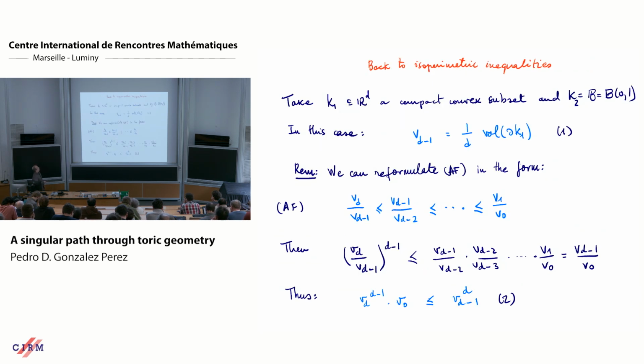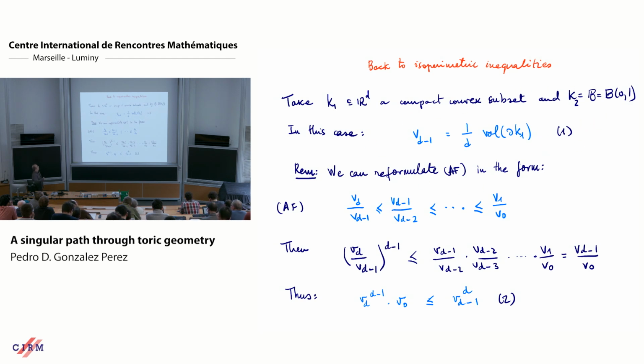And then what we can do is relate this to the isoperimetric inequalities. So we take K1 a compact convex subset and K2 the unit ball. In this case, what we can find is that this mixed volume is expressed in terms of the volume of the boundary of K1, so we have this relation.